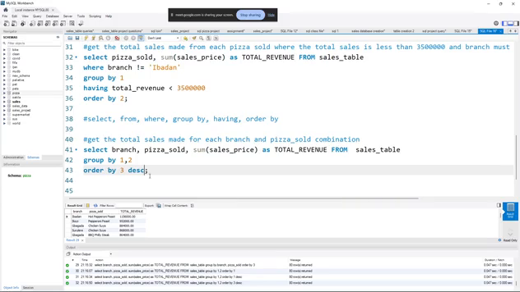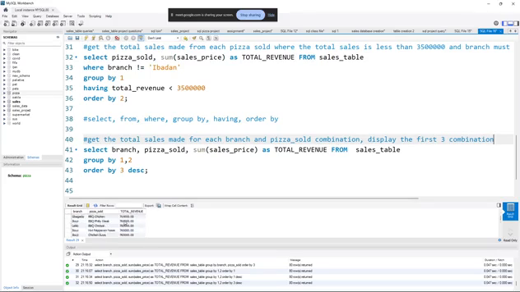Then there's another thing. What if I want to see the first three? The question is, display the first three.